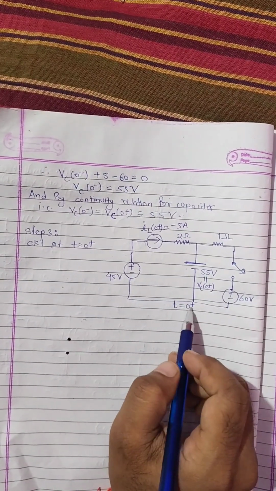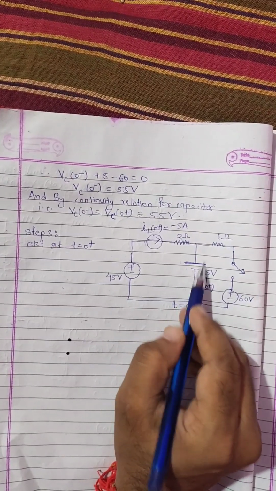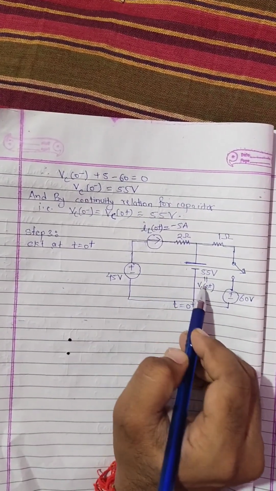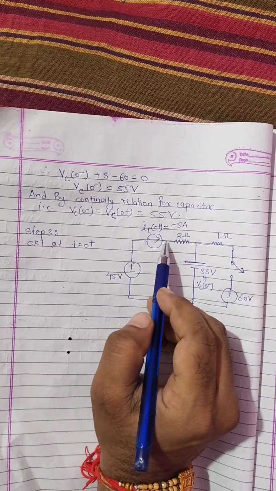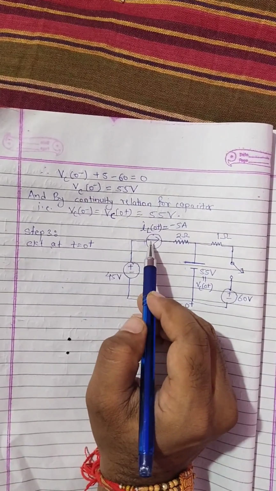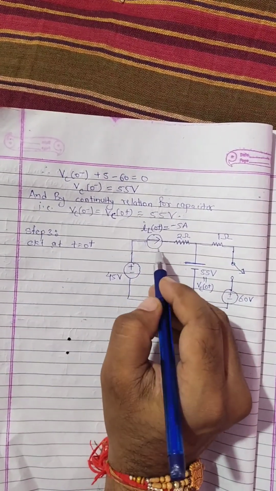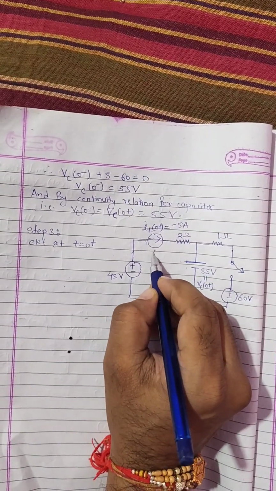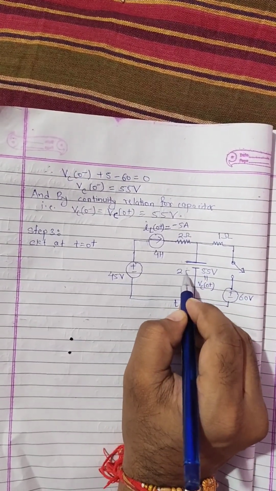Since at t equals 0 plus the energized capacitor is replaced by a voltage source, but physically there is a capacitor. So VC0 plus equals 55 volt. Similarly, at t equals 0 plus, the energized inductor is replaced by a current source, but physically there is an inductor of 4 Henry and there is a capacitor of 2 Farad.